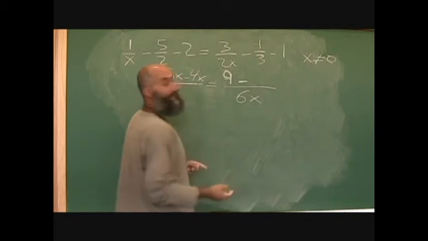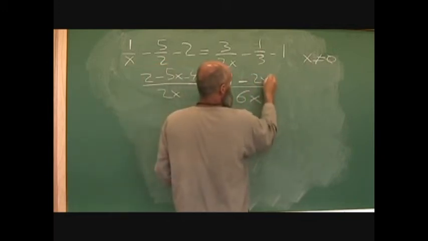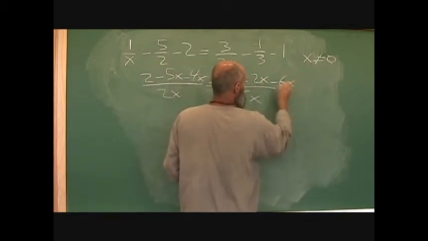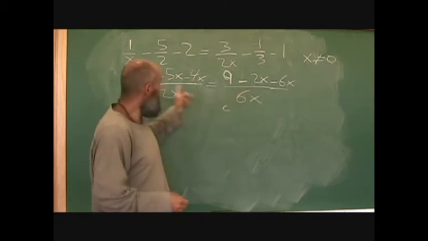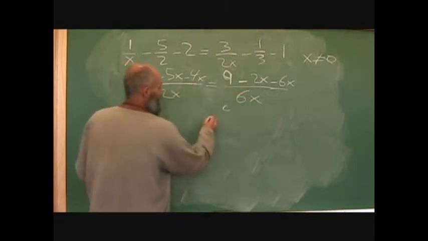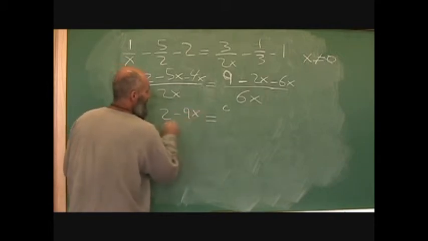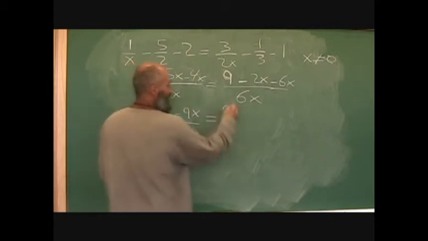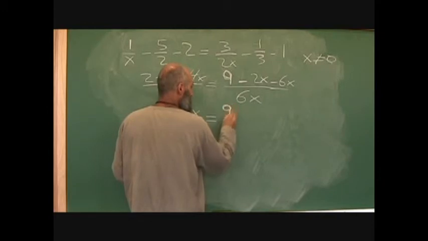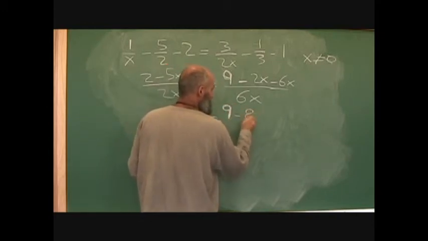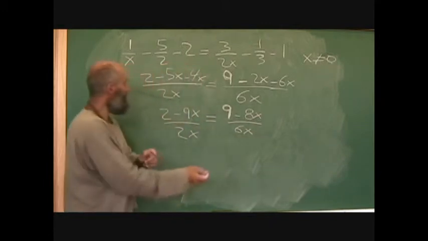Minus, multiply that by 2x, so 2x minus 6x. So what you're going to do is combine your like terms, right? So line up your equal sign. So 2 minus 9x over 2x equals 9 minus 8x over 6x.